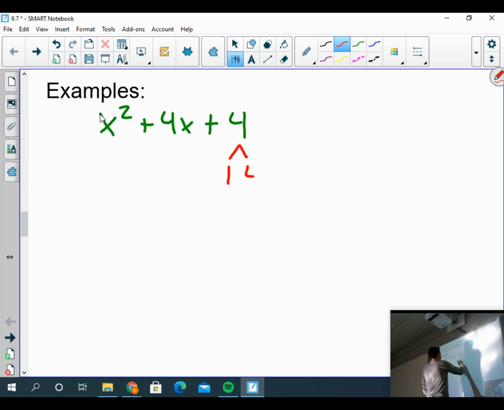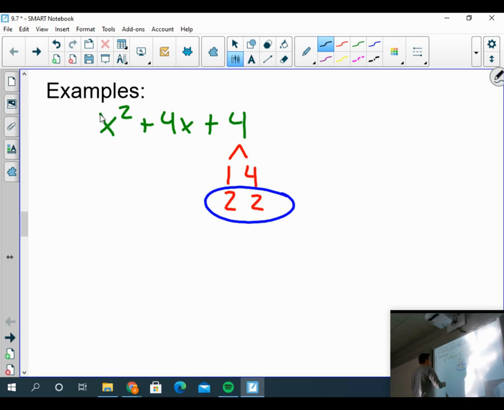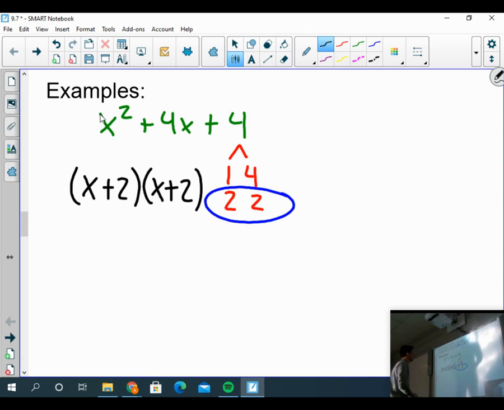And I write down the factors 1 and 4, 2 and 2, and I go, which ones are going to add to give me 4? Hey, 2 and 2 will. And so I go, hey, this is going to be x plus 2 and x plus 2. Those are the two factors that multiply to give me 4, that add to also give me 4 in the middle. And again, I can jump straight to my answer because there's no coefficient in front of the x, so we don't have to split the middle, build a wall, anything like that.